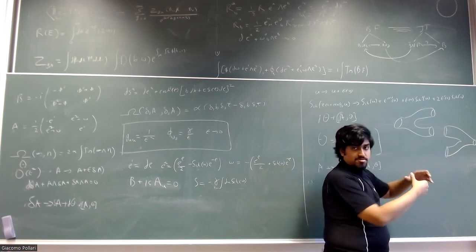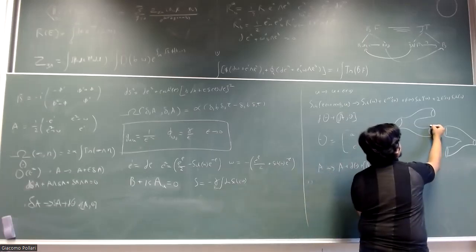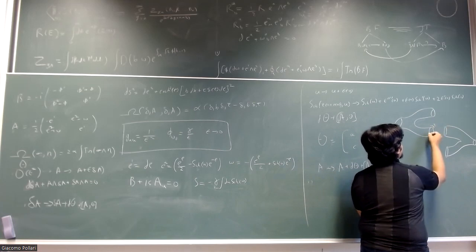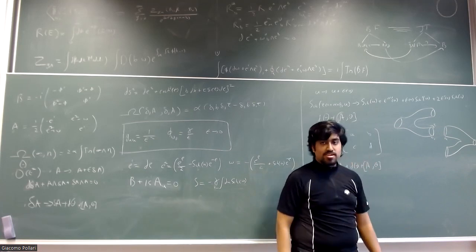You can't just directly smoosh them. You have to twist, and that twist parameter is what you get here, and then the entire boundary length is V1, V2, and so on.